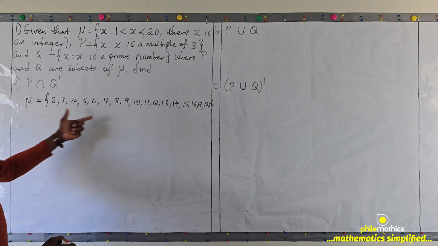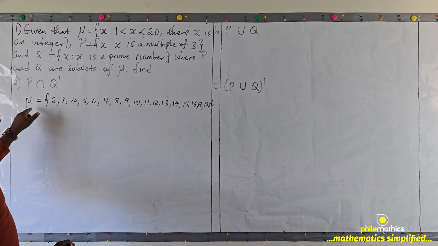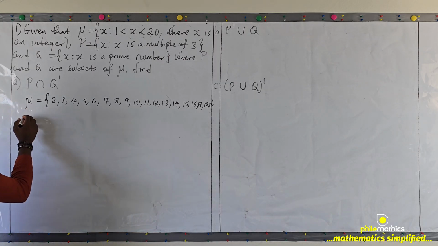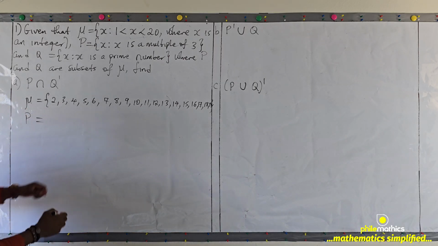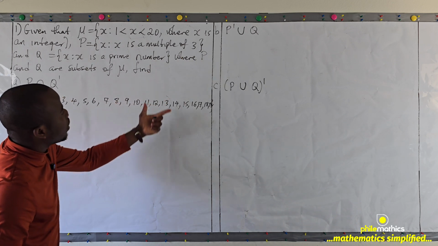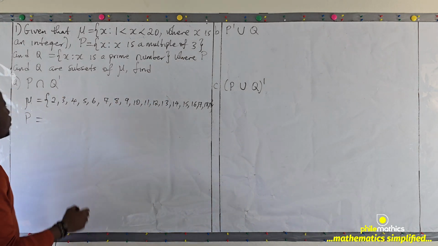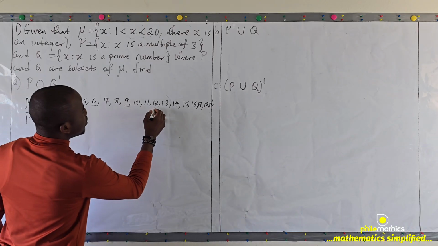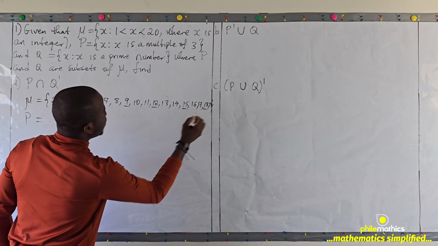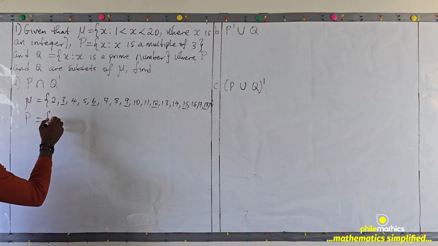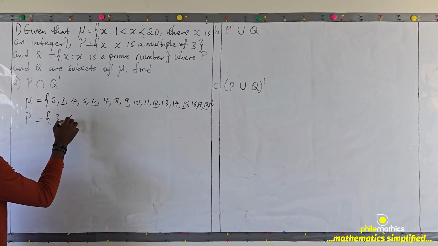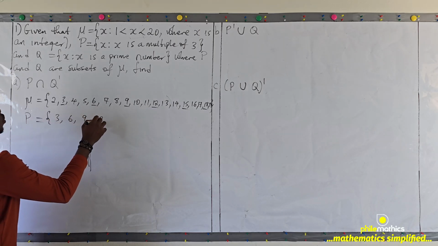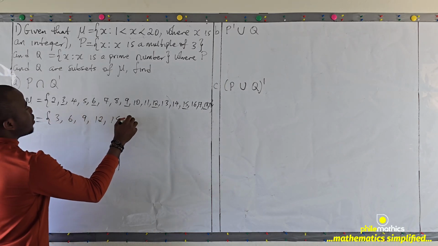So this is what mu is. And so p we are given as multiples of 3. What are the multiples of 3 here? Listing them out: 3, 6, 9, 12, 15, 18.